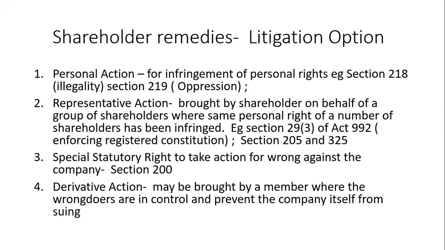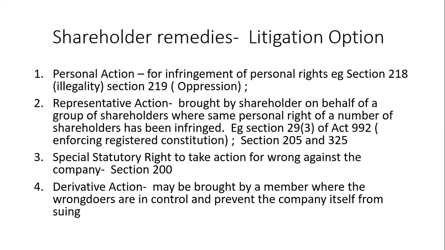And using the language of Foss and Harbottle, one will say that the company is a proper plaintiff. But here is the case. The lawmaker has conferred a right on the shareholder to be able to sue and enforce it. So if you look at section 200 subsection 1, it says that proceedings may be instituted by the company or by a member of the company. Good. So let's pay attention to that.